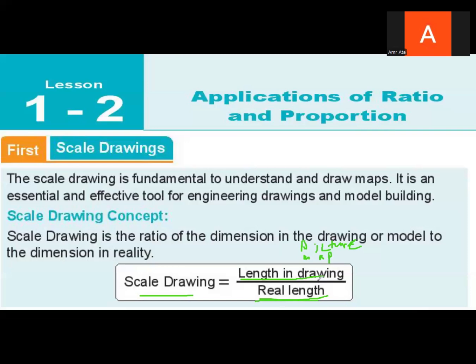I can write it as D to R. I try to make a symbol for each of these items: length in drawing D and real length R. R, the first letter of real, and D, the first letter of drawing.